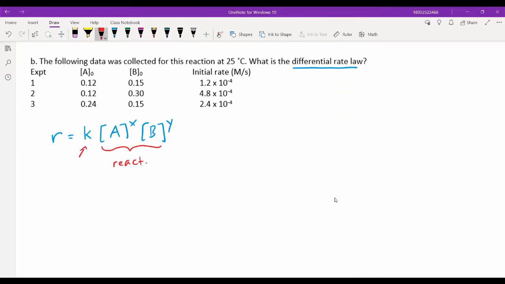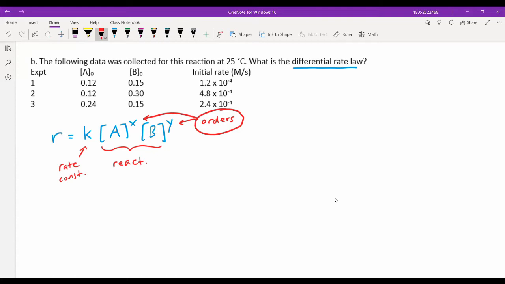This is called a rate constant, which we'll get to in just a second, a little lowercase k. And these here, x and y, are called the orders. And those are determined by experiment. So that's essentially what we're trying to do in these problems, is find the orders.